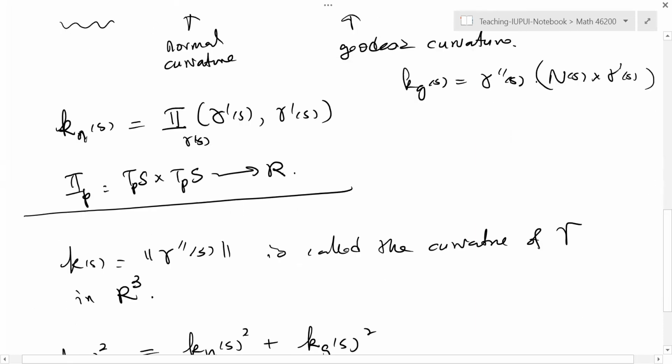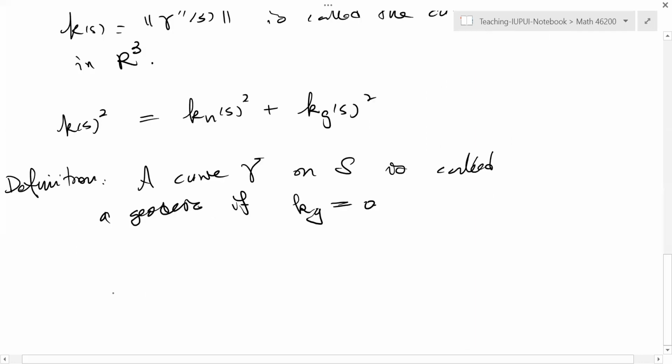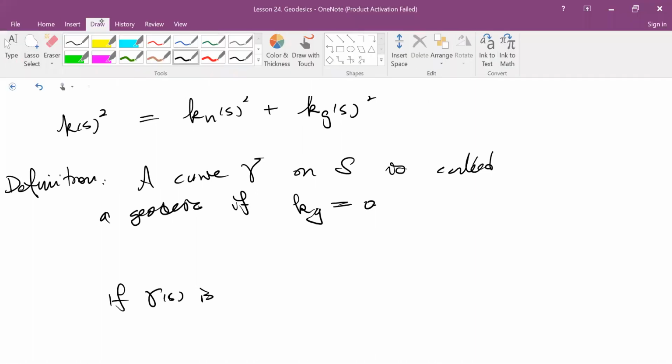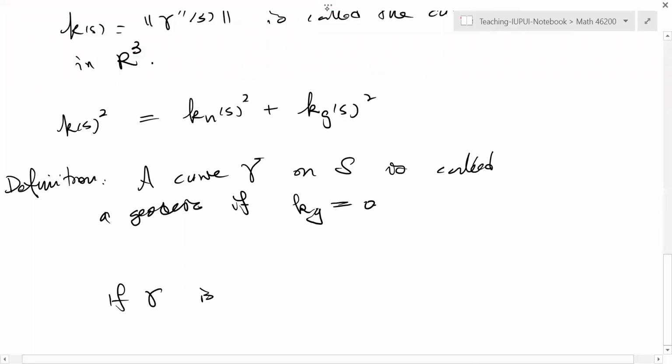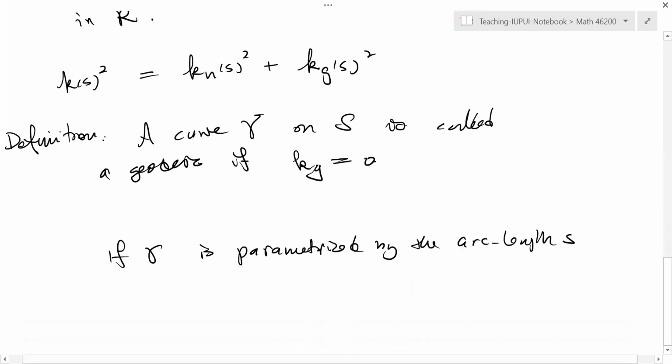So the geodesic curvature, if gamma is parameterized by the arc length s, then the curvature is going to be gamma double prime dot n, with gamma prime.